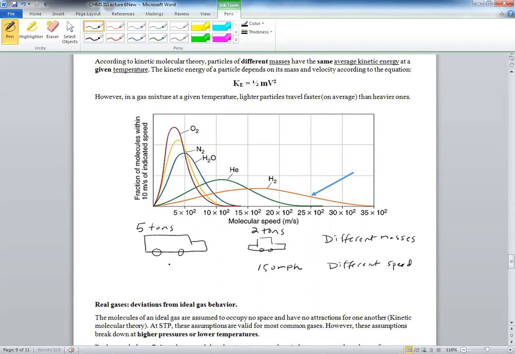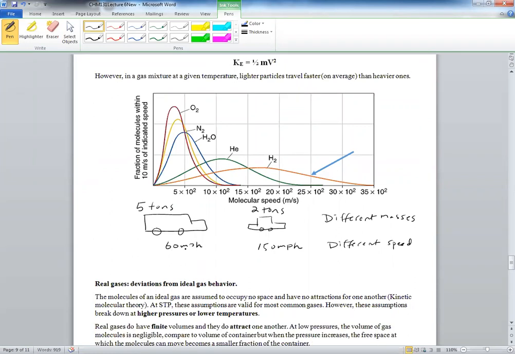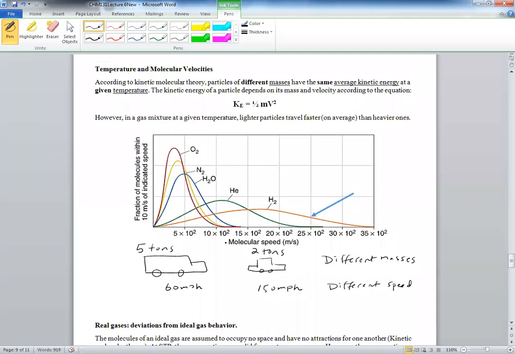This one can be at, let's say, proportional, about 60 miles per hour, to give you kind of an idea. So make sure you understand the relationship here: heavier molecules tend to have a lower velocity, they move slower than lighter molecules. So let's give you an example here.